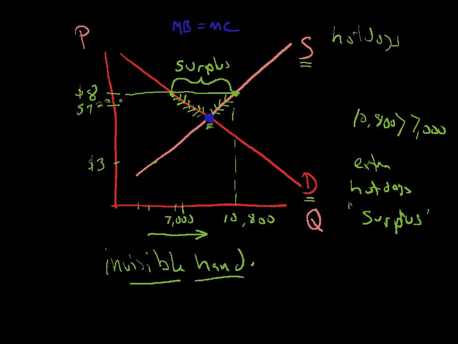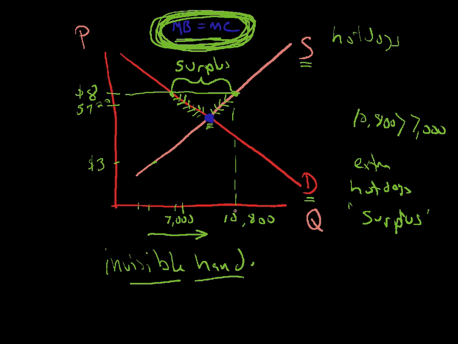But when there's a surplus, or if the market's out of whack, prices will come down and we'll get to an equilibrium. Why is that so special? Why is the invisible hand so special? We're going to circle it right up here, because that's where marginal benefit equals marginal cost. A free market working by itself ensures that this particular condition holds. So prices come down, and we end up back where marginal benefit equals marginal cost.